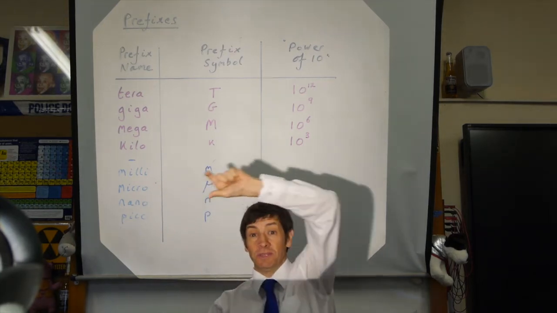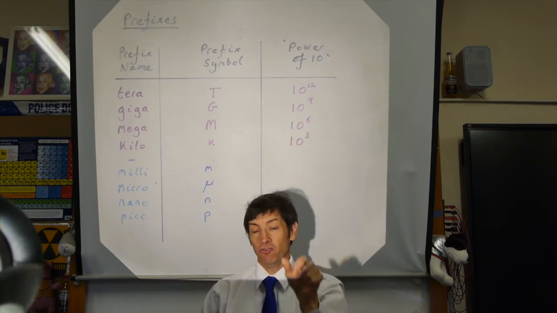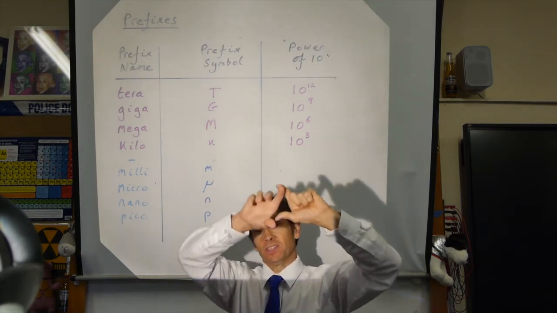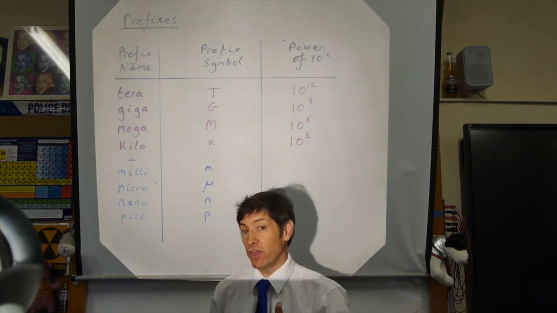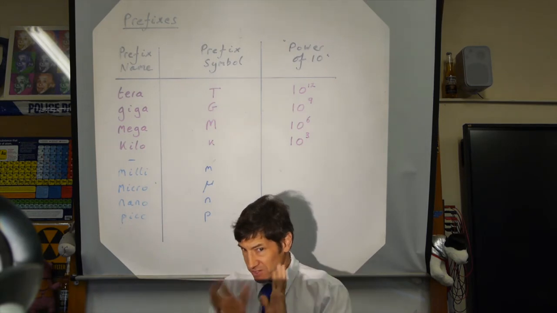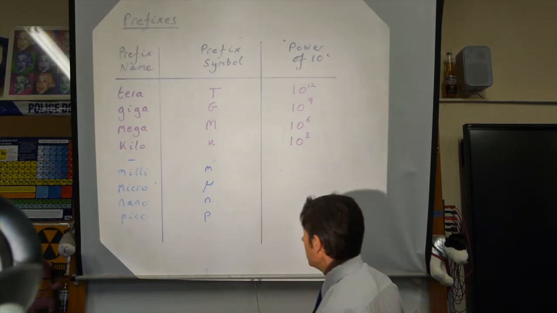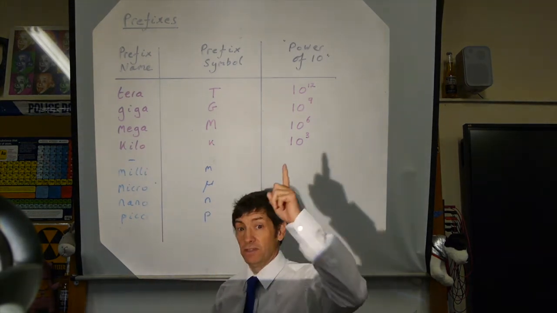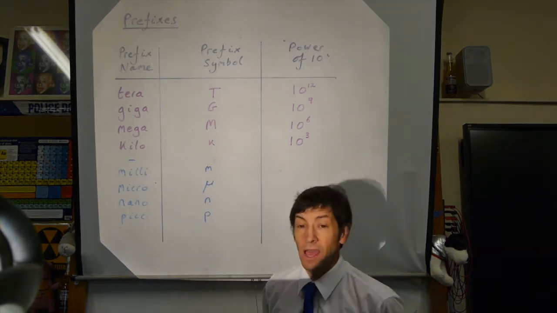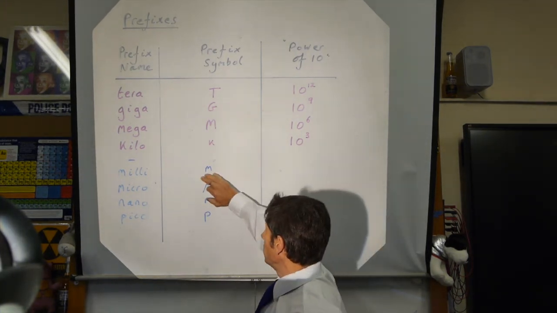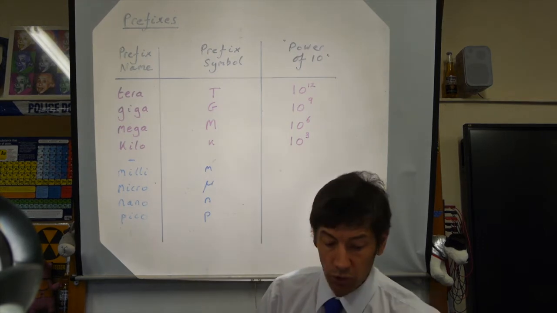There's 100 centimeters that way and 100 that way, so that's 100 by 100, 4 noughts. That's 10,000 centimeters squared in a meter squared. So these are things you have to deal with at A-level physics. I've left a dash there to say obviously there's just the regular 1, in other words 10 to the 0. Then we've got milli, which is for small numbers.